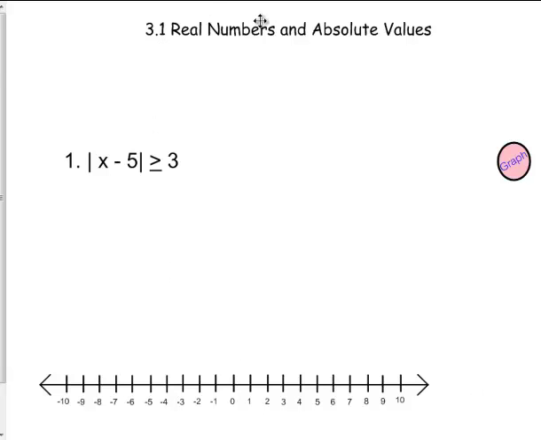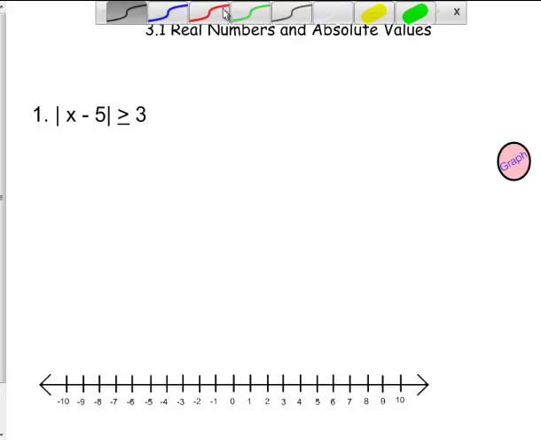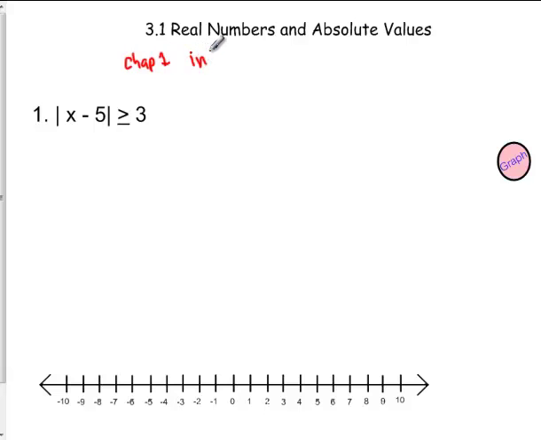Okay, we're starting chapter 3 today, and it is doing real numbers and absolute values. If you haven't noticed how the book has been progressing, in chapter 1 all your answers were integers. So that meant your answers were like -5 and 12 and 0 and 1 and pretty numbers.